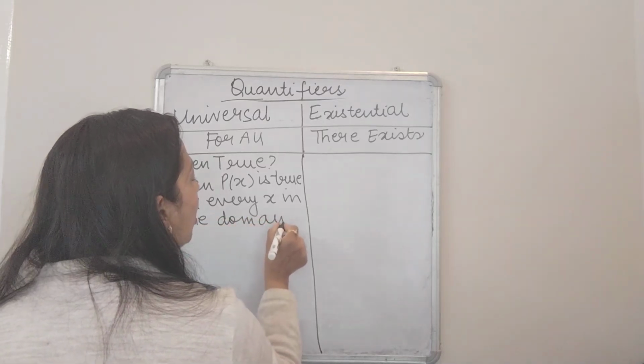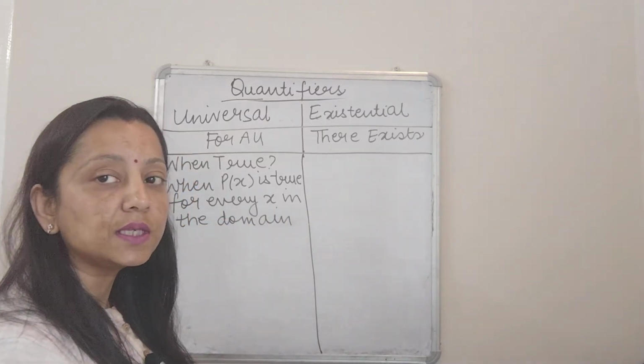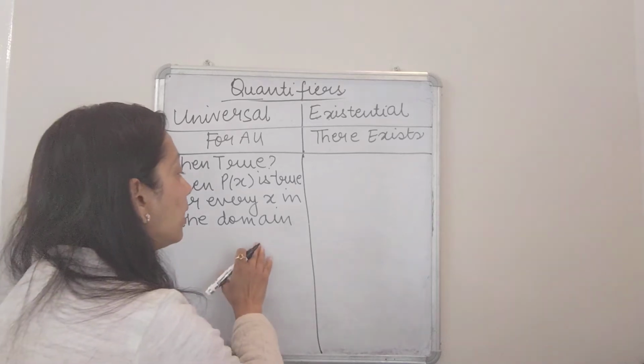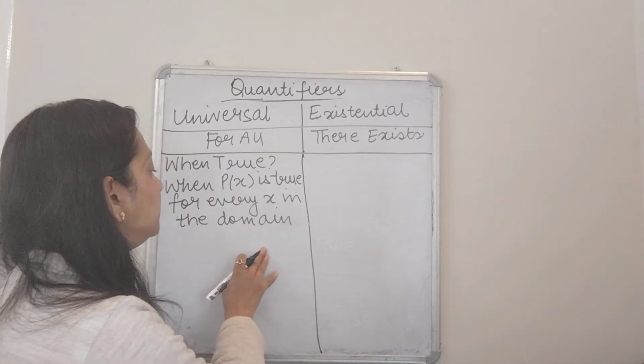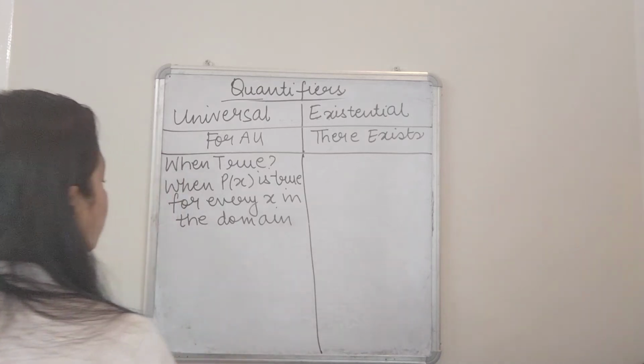That means for all the possible values of x in the domain, the value of p of x is true, then only the universal quantifier is said to be true.